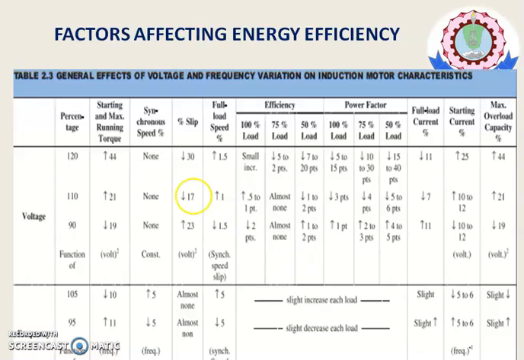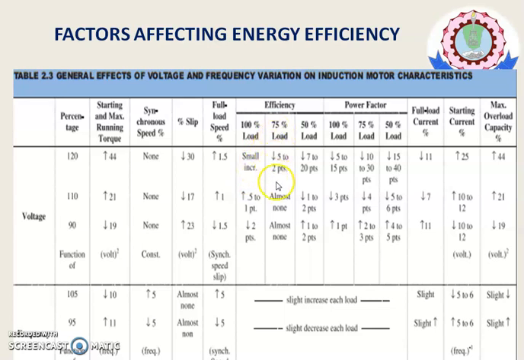So here you can see when the voltage percentage increases, the starting and maximum running torque increases. It is 110% and 120%. In both cases it increases, and slip decreases, whereas efficiency for 100% load condition has a small increment.